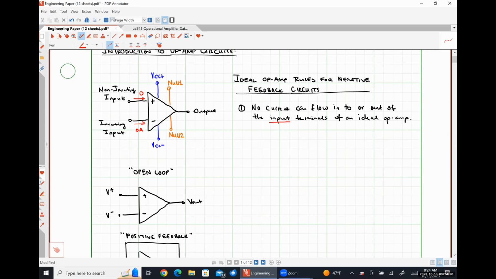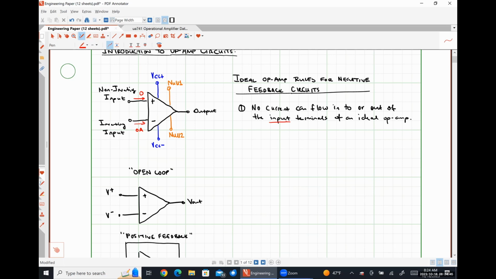Now, I want to be really clear here. I have made no condition on the current that can flow into or out of the output terminal of the op amp, right? There's only a restriction on the current that can flow into or out of the input terminals. Whatever current needs to flow out of the op amp's output terminal can.